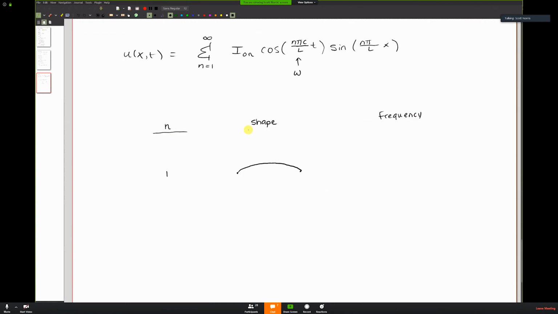So the frequency is n pi c over L. But remember, c is defined in terms of the tension and the density.